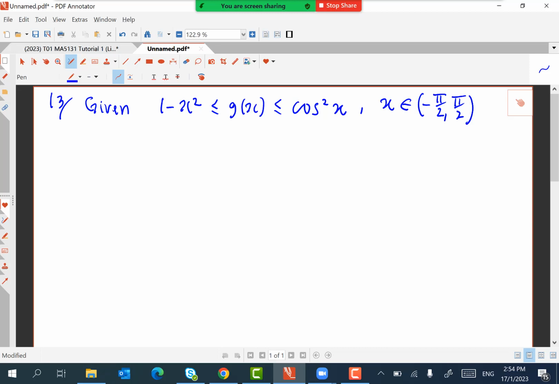So the question right now is: is g continuous at x equals 0?